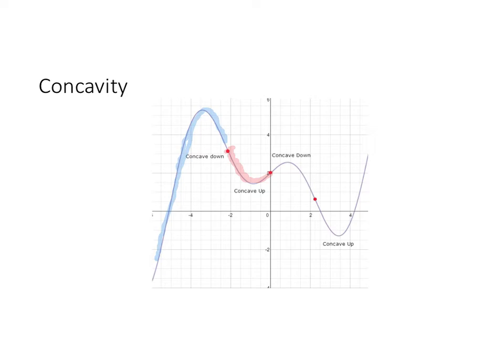Granted, we've only got a small portion of it, but you can see that it's concave up. Now, if I move on to the right, we've got another section here, which is concave down. Again, the opening is down, so it's concave down. And then lastly, we've got this last section here, which is concave up. So this is what we mean by concavity, all right?